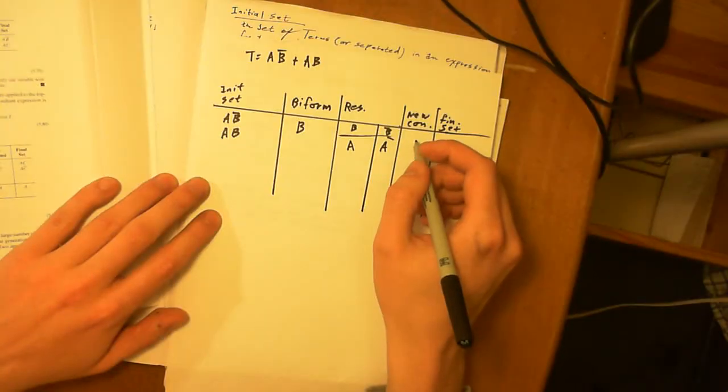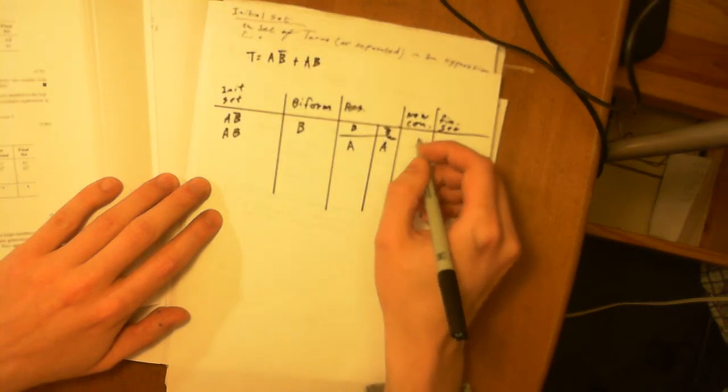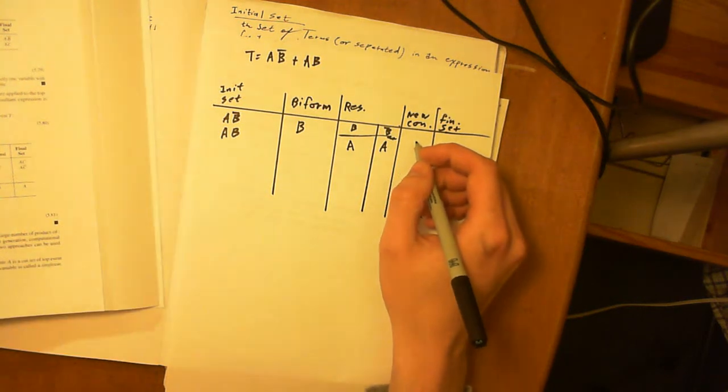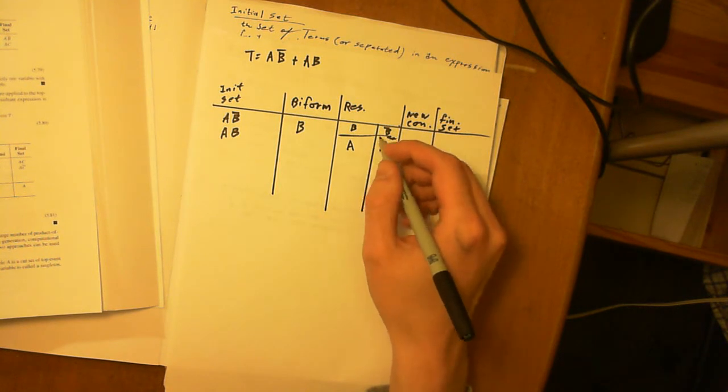Now, if you recall, there shouldn't be a complement sign there. The definition of the new consensi is the product of all the terms in the two residual columns.